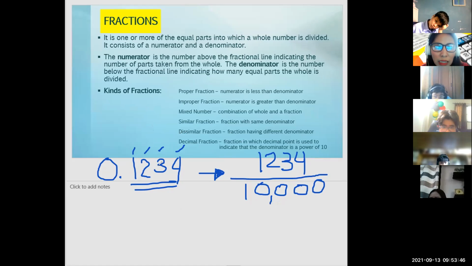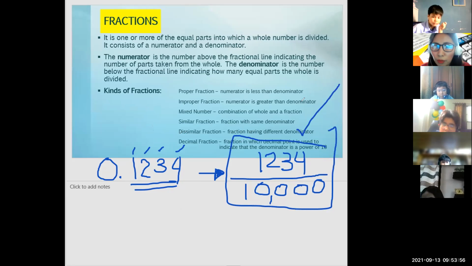Count lang lagi the digits and then you will know the fraction or the denominator. Okay, the correct answer is this one. Do you have any other questions? Do you have questions? None yet?